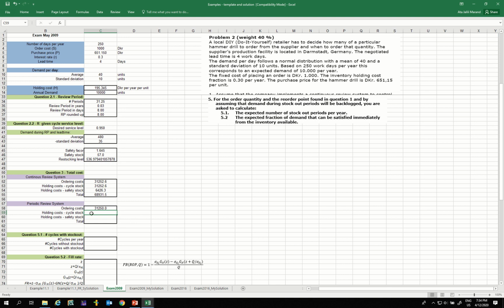Then for the cycle stock, in each cycle, the demand to be satisfied is equal to RP, which is 8 days multiplied by the average daily demand. So it is equal to 8 days, and in each day we have 40 units, so it is the average demand per cycle. This is the total demand per cycle.